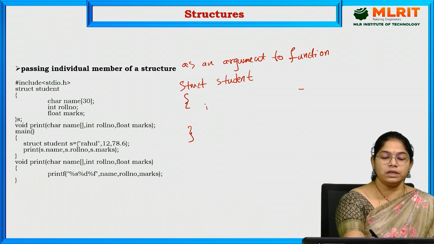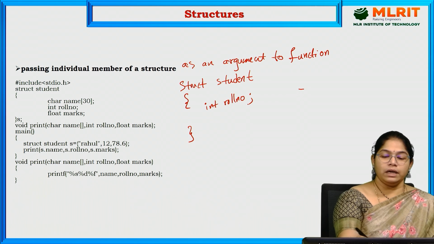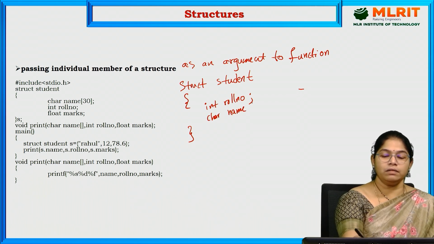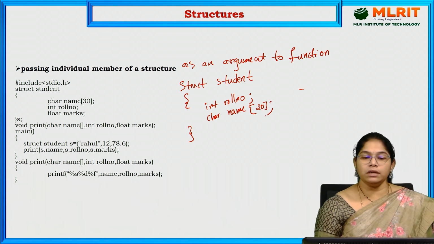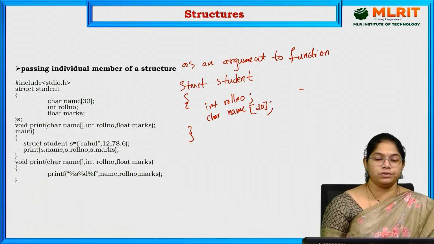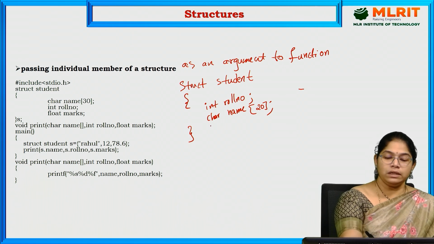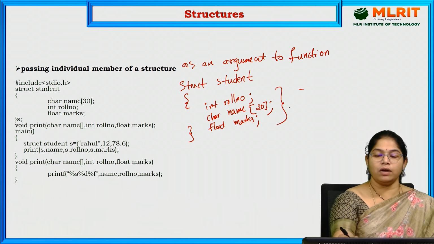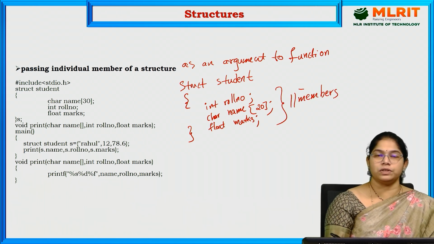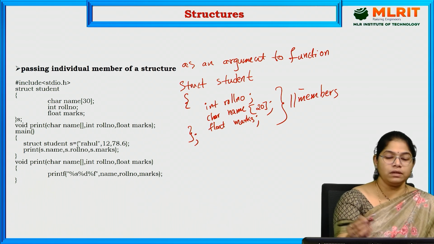Suppose the student has a roll number and name, which is of type character, and here the size is 20, so that it becomes a string, an array of characters, or character array you can say. Then marks is of float type, here I consider. These are called the members of the structure, and the structure must end with a semicolon.